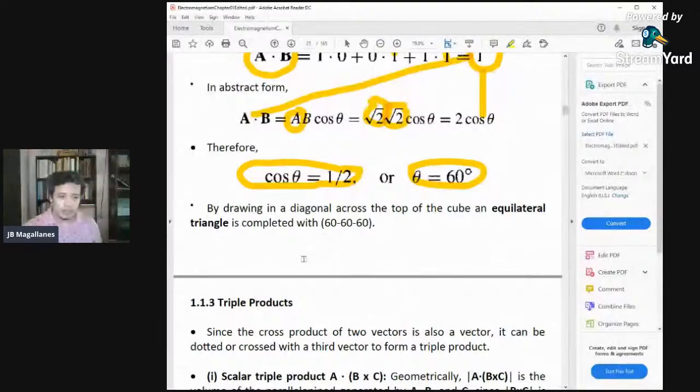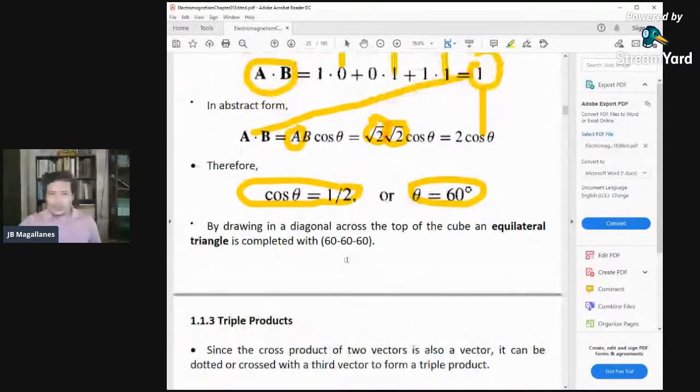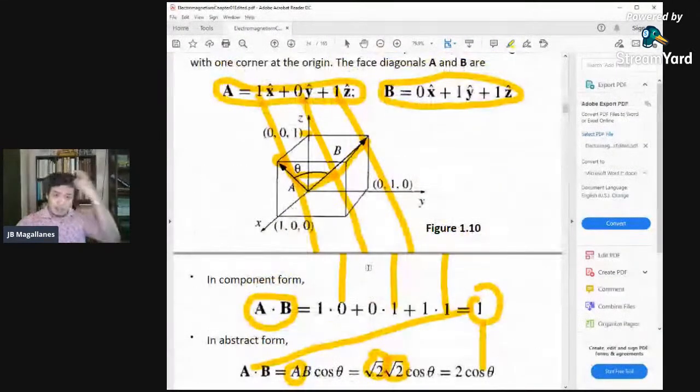Also, you can get the angle by completing the triangle here. This diagonal is just the same length as this diagonal. You can also draw a diagonal here, and you form an equilateral triangle, or an equiangular triangle. An equilateral triangle is also an equiangular triangle.